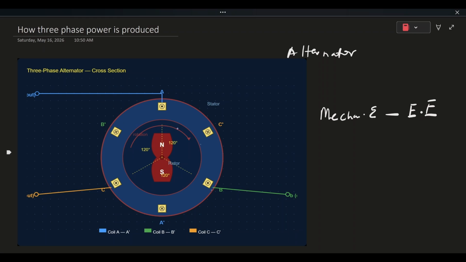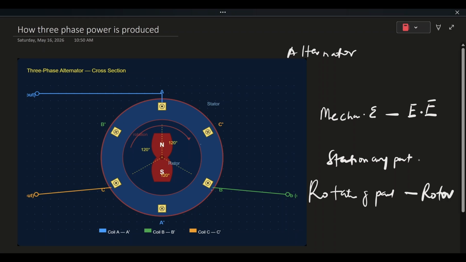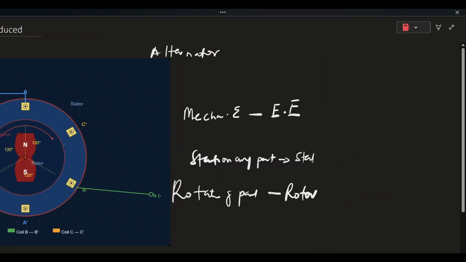electrical energy. So with this, our alternator, we have a stationary part and a rotating part. So our rotating part here is the rotor, and our stationary part here is the stator.